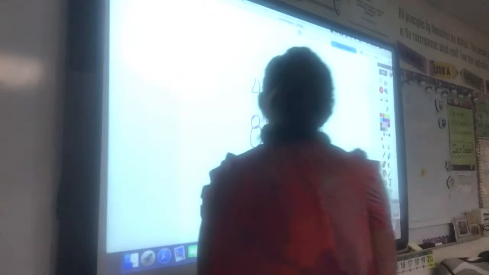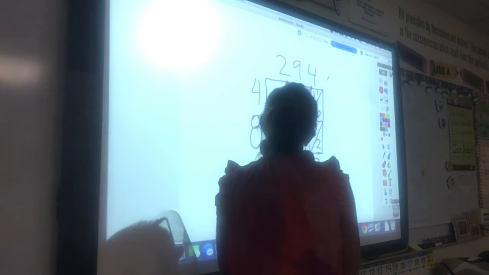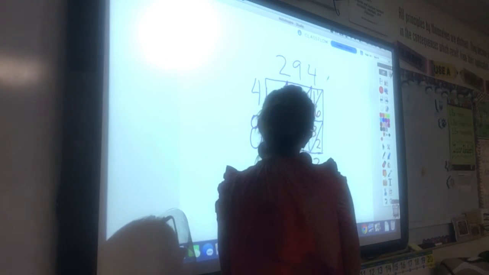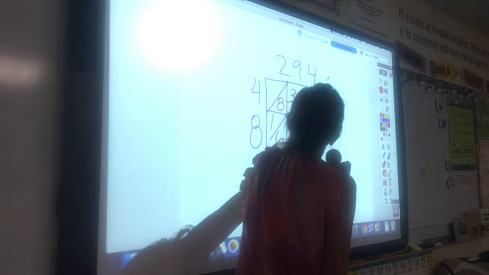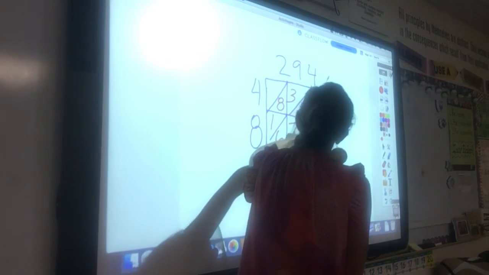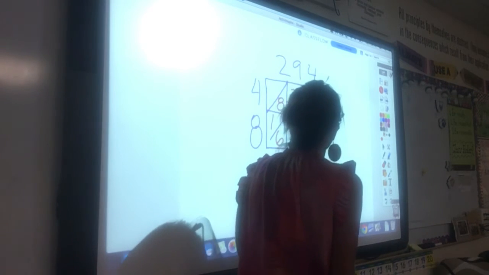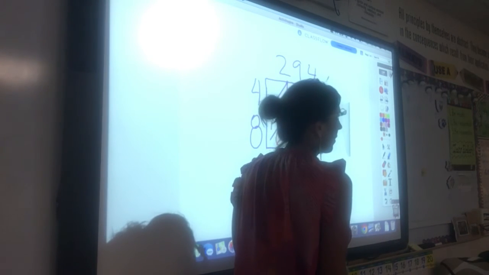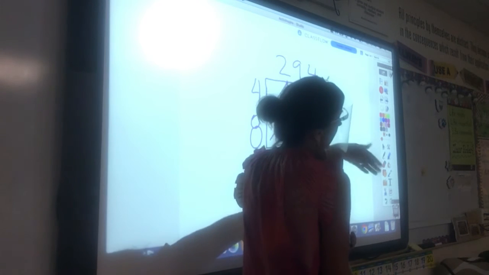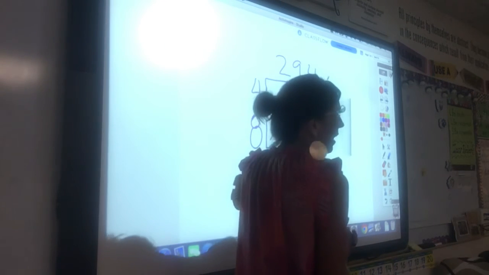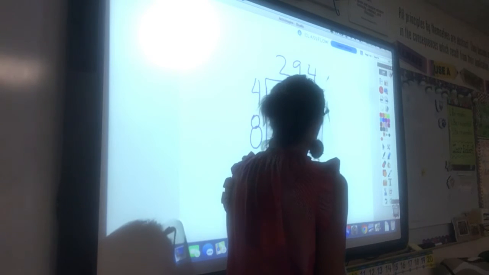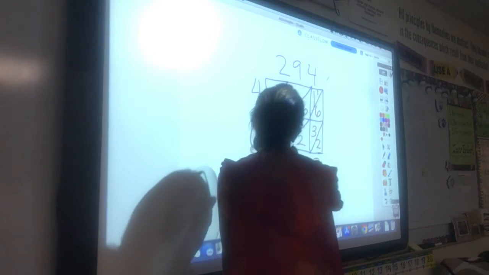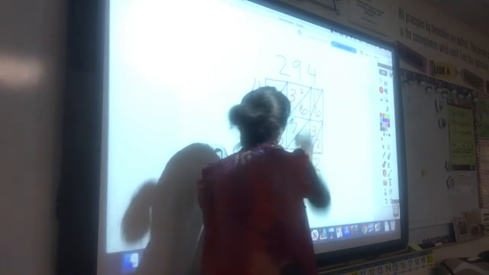Alexa. 6 and 6 is how much? 12. And then we still have 7 and 2, which is 9. So we have 12 and 9. 12 and 10 is 22, so 12 and 9 must be 1 less than that. 21. So we're going to have a 1 here, and then our 2's coming up.